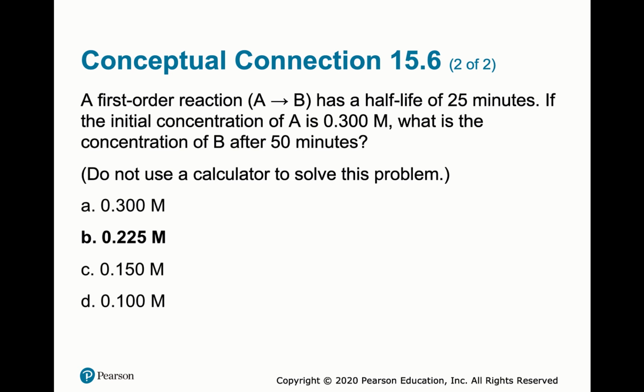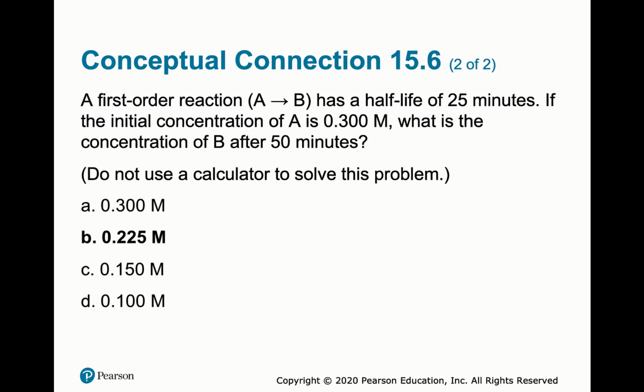So let's see, A to B. What is the concentration of B after 50 minutes? The concentration of A goes down by half, so it becomes 0.15 molar, and then after another half-life it goes down by another half, so it's going to be 0.075 molar.